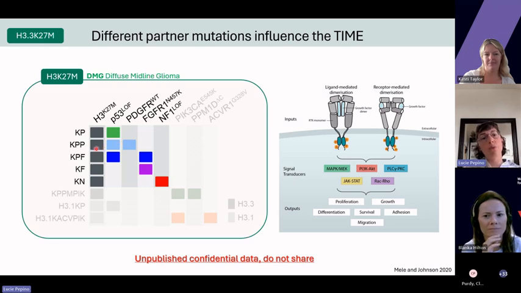For example, when we compare KPP to KP, because both carry the P53 loss of function mutation, it allows us to understand what the addition of PDGFR mutation does in this context. In the same way, we can compare KPF and KF, which both carry FGFR mutation. When you add P53, it allows us to understand what the addition of P53 in the FGFR context does.